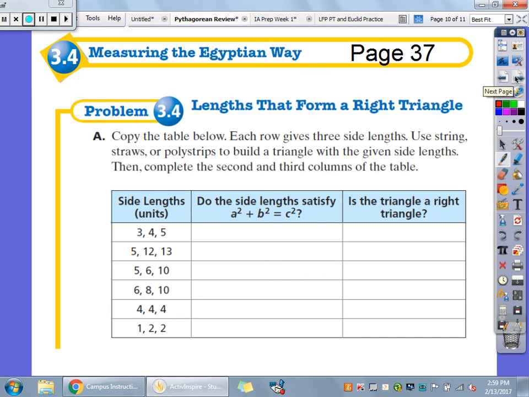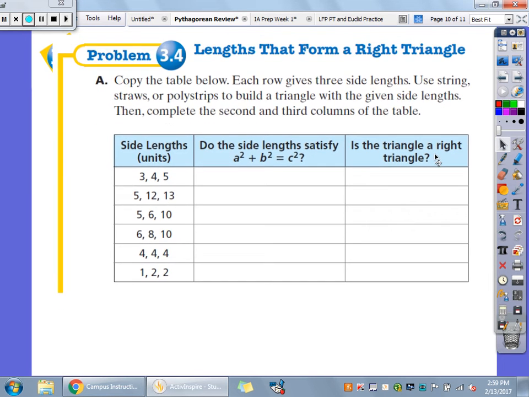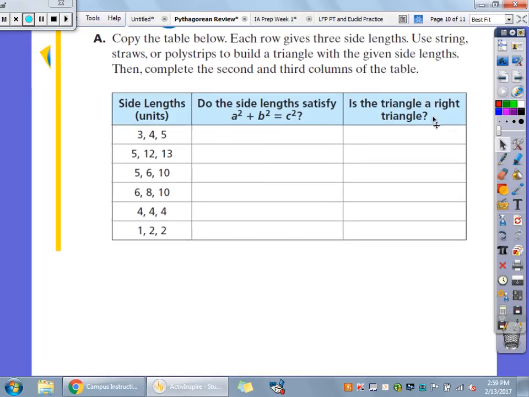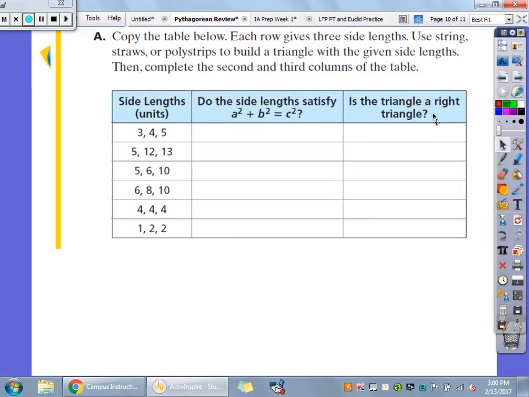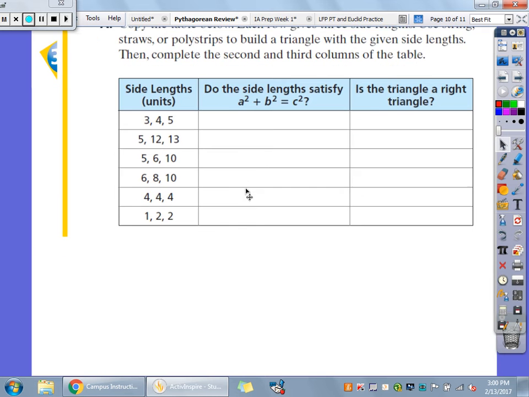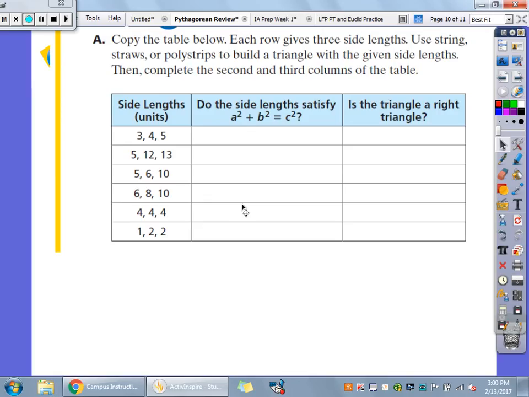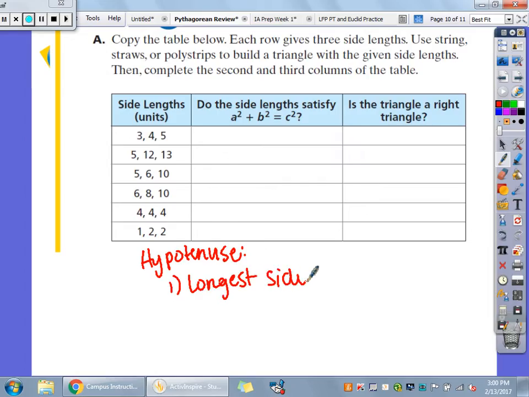All right, and then the last thing that we're going to talk about is determining whether 3 lengths make up a right triangle or not. So if you notice here, there are 3 things that we need to know about the hypotenuse. Number 1, it's the longest side of the triangle.